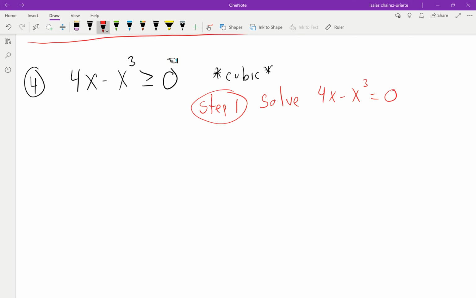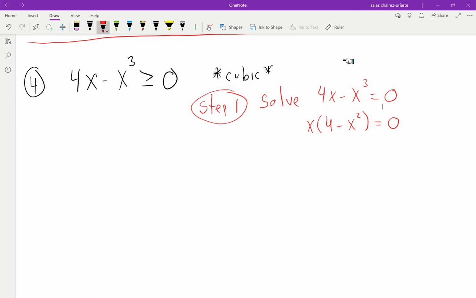What I notice here is that my polynomial only has 2 terms, it's of degree 3, and I will factor out whatever common term they have. It turns out that they have an x in common. So let me begin by factoring out an x. If I factor out an x, I end up with 4 minus x squared.